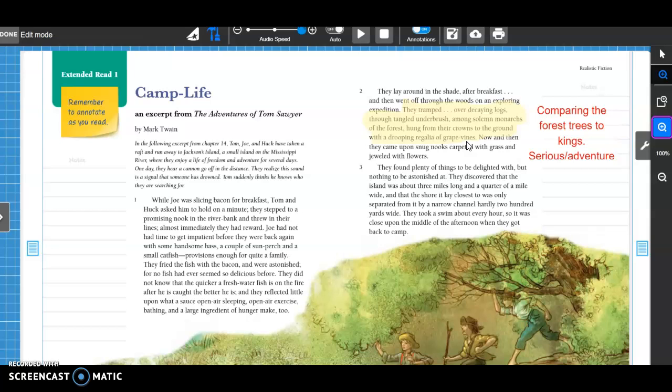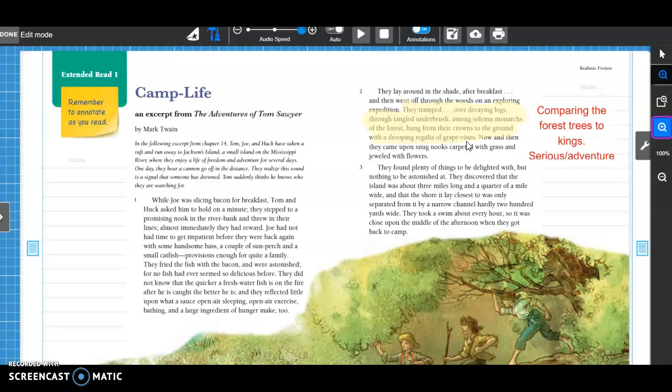Dead leaves, dead sticks. And so what they are comparing is, and write this down in your margin, see that red? You go ahead and write that red down. They're comparing the forest trees to kings, because they don't say kings, but they say crowns. Okay, so they're the solemn monarchs of the forest. So those are the trees.